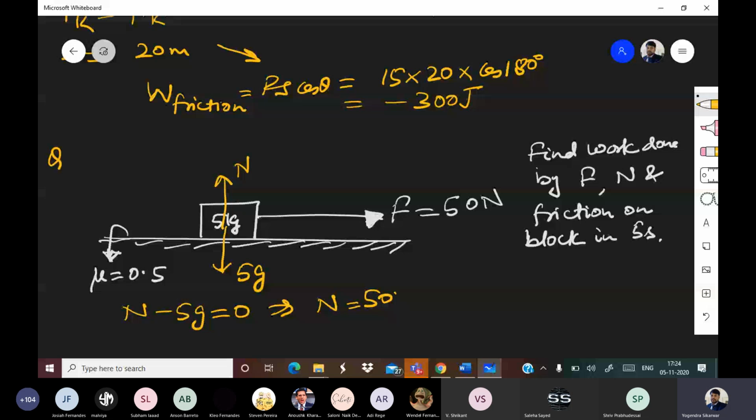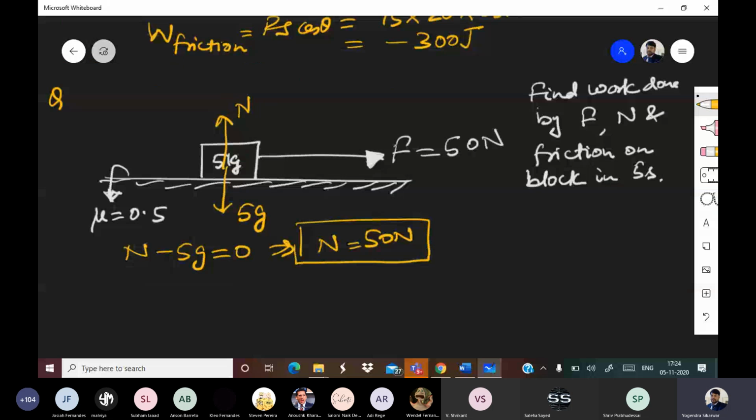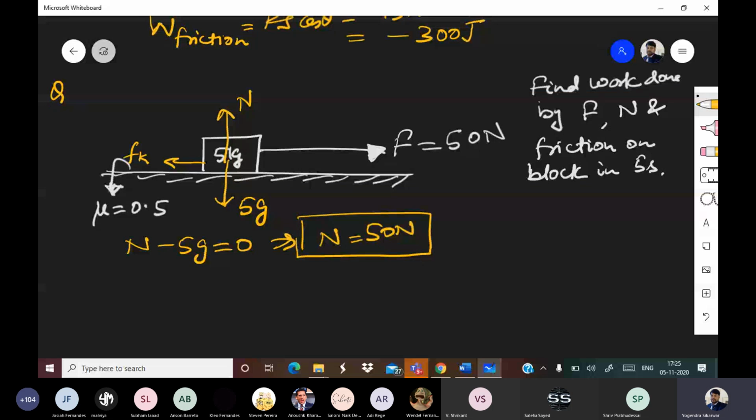Now how much will be friction? Friction will be in this direction. So Fk is equal to mu Kn, 0.5 into 50 is equal to 25 Newton.